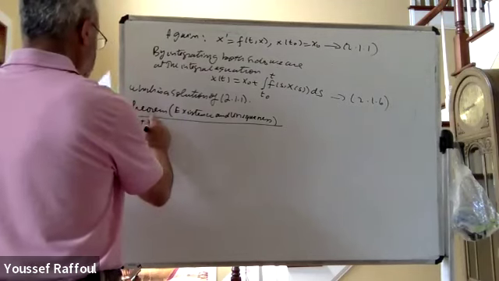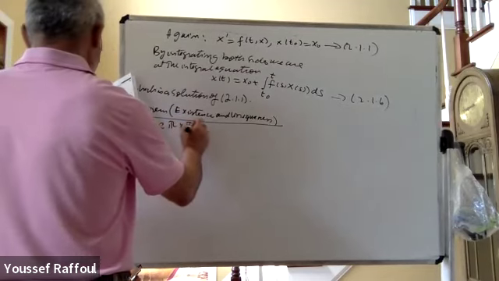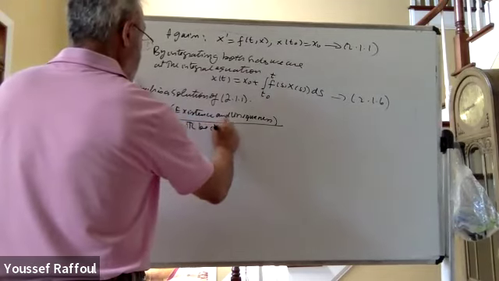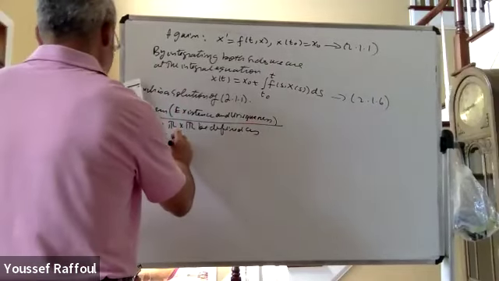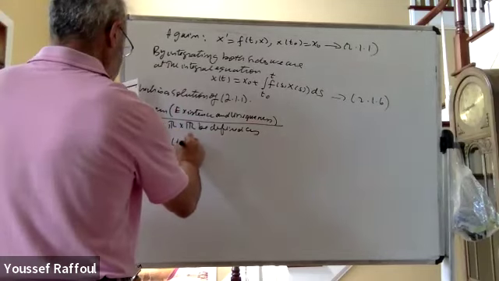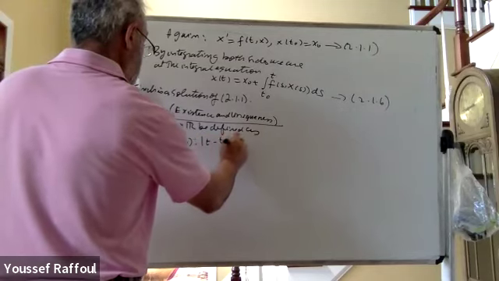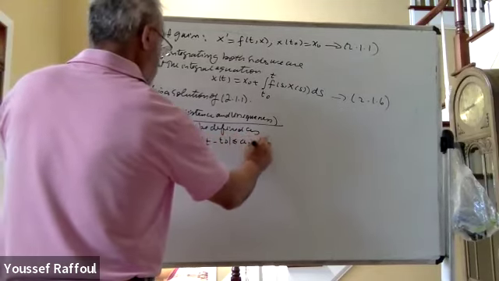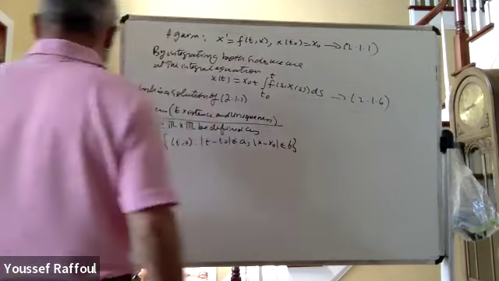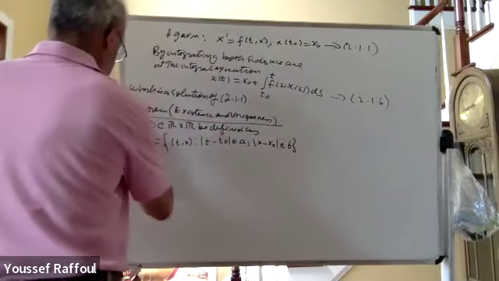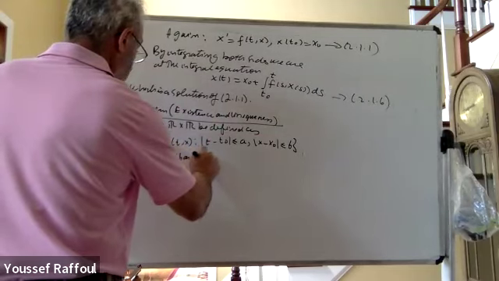It says, let D be a subset of R cross R, defined as D equal the set of (t, x) such that |t minus t naught| is less or equal to a and |x minus x naught| is less or equal to b, where a and b are positive constants.